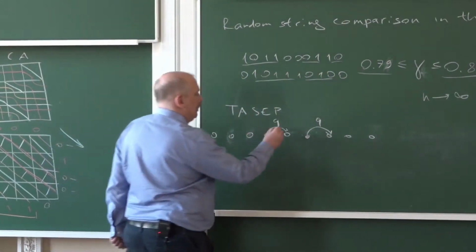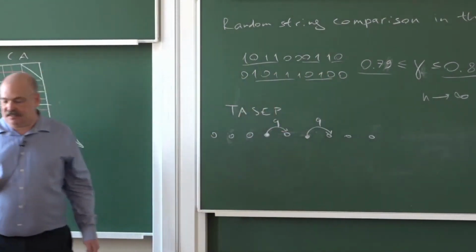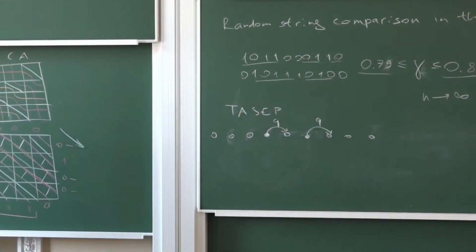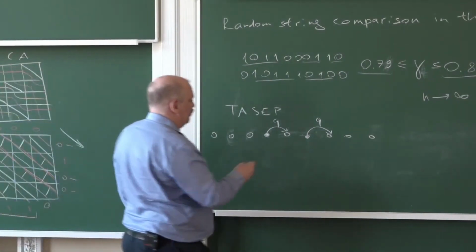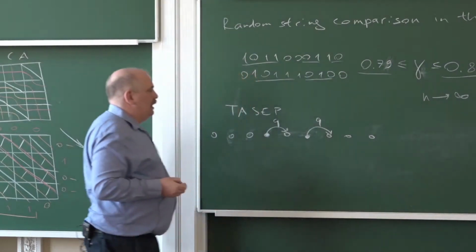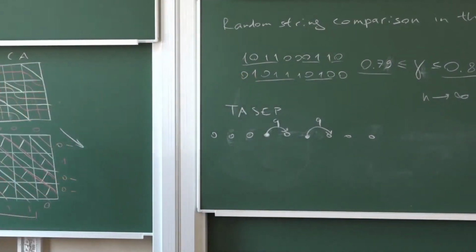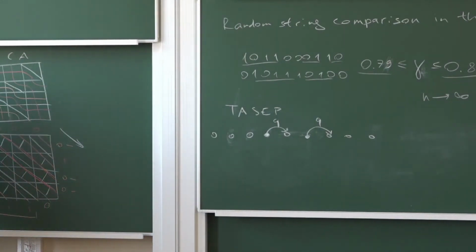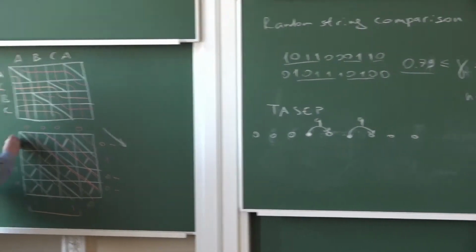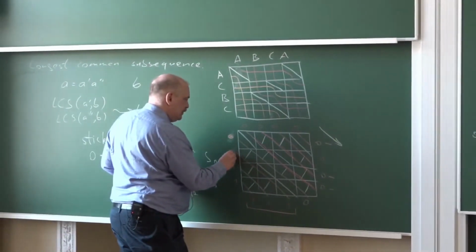And you can put some initial condition on this, and you can study how this process develops, how it behaves. If you look very closely, you can think of ones as particles and zeros as holes.